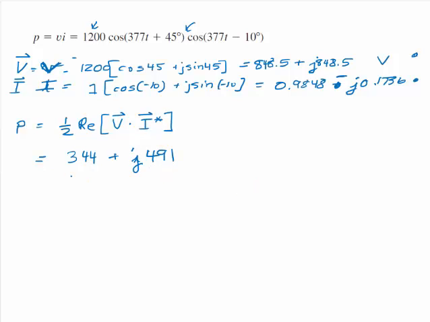So I want the real part of that, which is 344 watts. So you can see that if I had done the problem from my phasor notation right from the start, preserving all the complex numbers that represent the phases, my actual real average power in the end is the real part of multiplying voltage and current phasors together. So it comes out with the same answer.